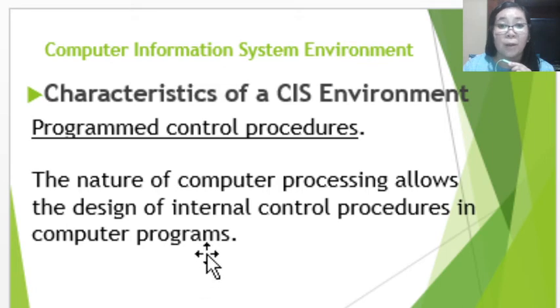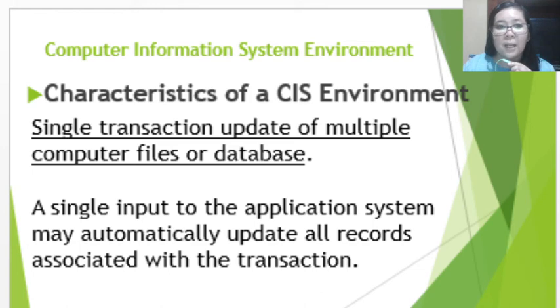Another is a single transaction update of multiple computer files or databases. Meaning a single input to the application system may automatically update all the records. So that's how efficient the computer is in processing financial data.